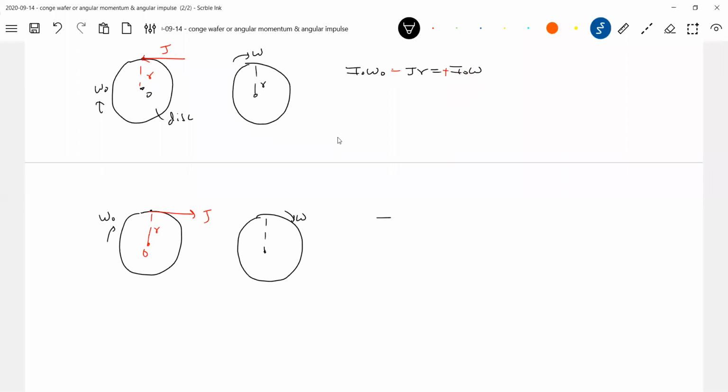So what is the formula now? I naught omega naught plus j into r plus I naught omega. Now you have to ask questions. Why are all positive here? Because the angular impulse acts in the direction of the initial angular momentum, and the final angular momentum is also in the direction of the initial angular momentum.